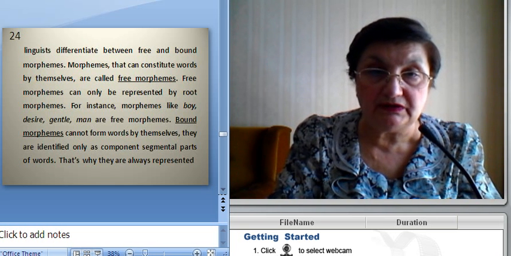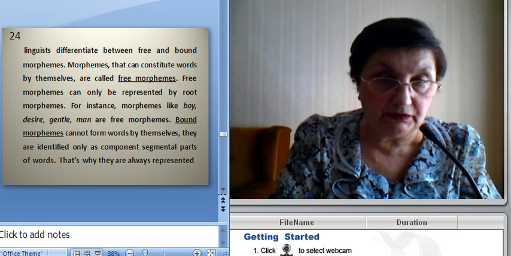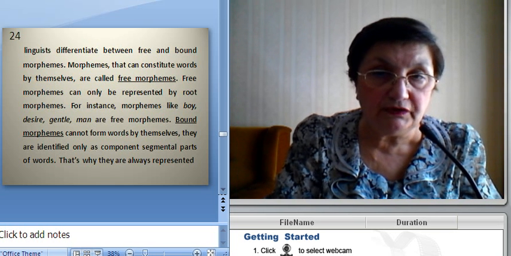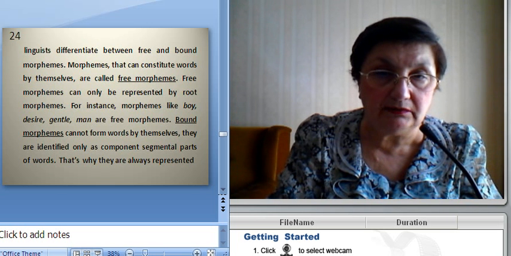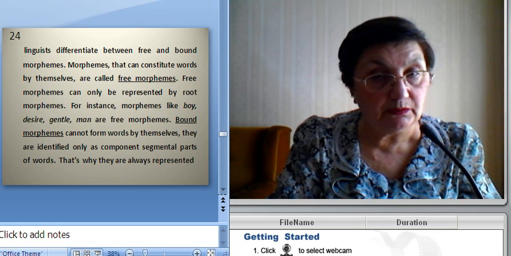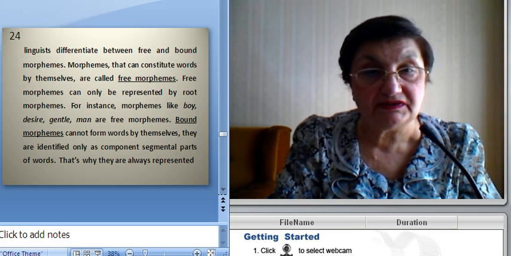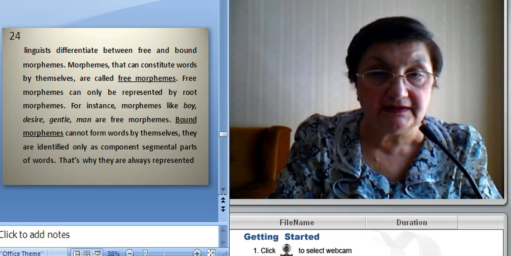Bound morphemes cannot form words by themselves. They are identified only as component segmental parts of words. That's why they are always represented by affixal morphemes such as prefixes, suffixes, and inflections.